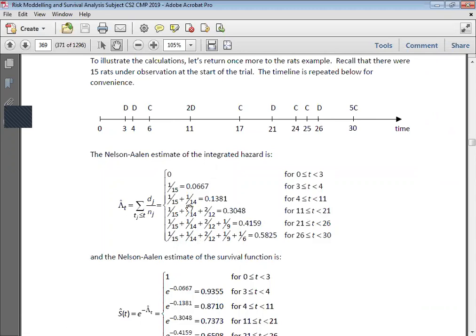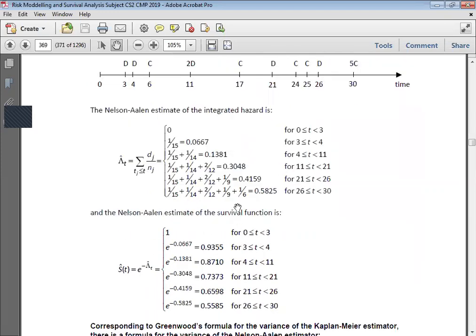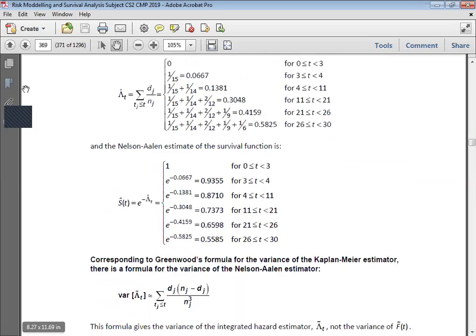I think we don't necessarily have to do anything because previously we have already figured out the dj's, we have already figured out the nj's for each of these intervals. So you just have to substitute in the values and get the answers for the hazard rate. Once you have those, you can estimate the survival function by e raised to minus each of these numbers. And this will be your survival function using the Nelson-Aalen method.